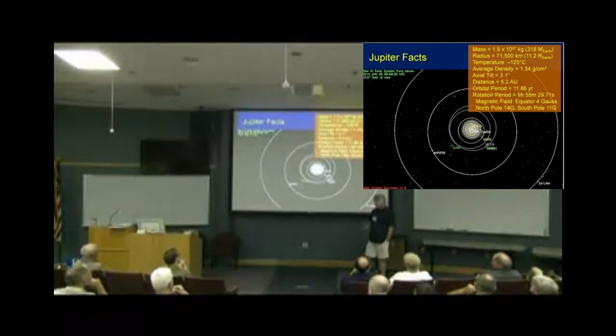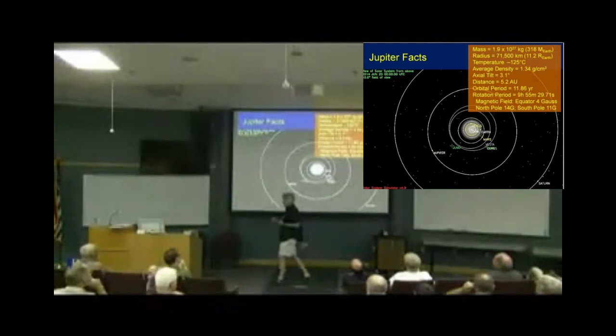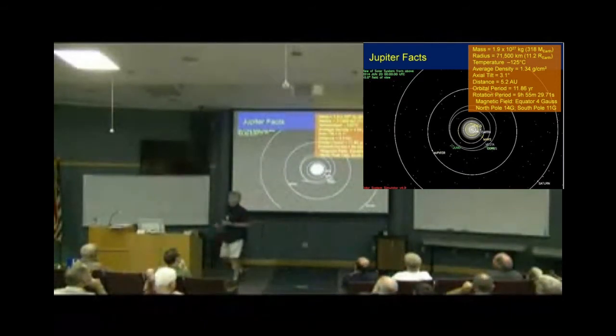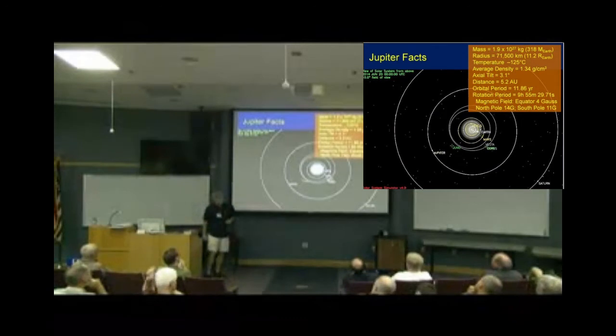The rotation period, I didn't mention this yesterday, but we use the radio measurements of Jupiter coming from the magnetosphere as our way to measure the rotation period of the planet. And that's what I did for my thesis at the University of Florida. So that was part of my thesis presentation.